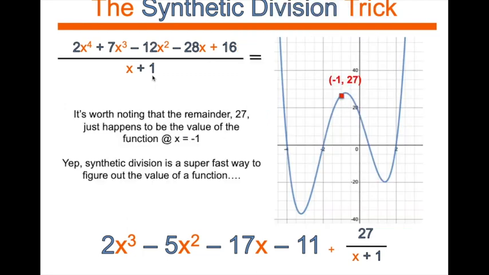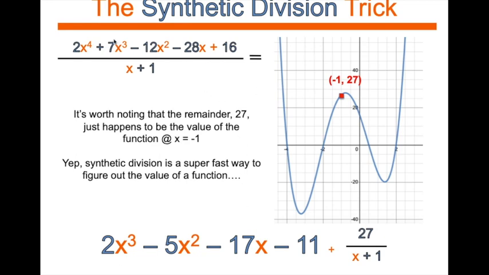All right. 27, I just want to stay here for a second because I'm going to try and show you the other benefit of synthetic division. That remainder of 27 happens to be the value of the function when x is equal to -1. So the other really huge benefit of synthetic division is that it's a really fast way of plugging in values and getting answers.